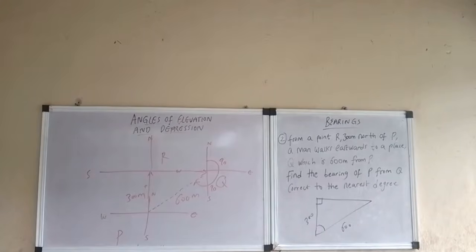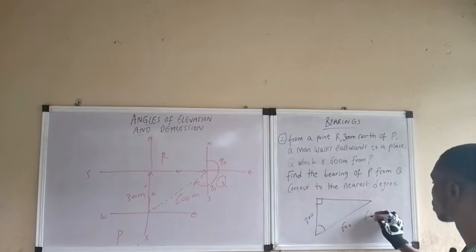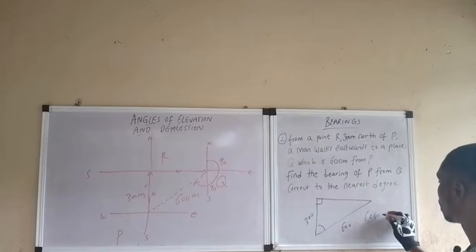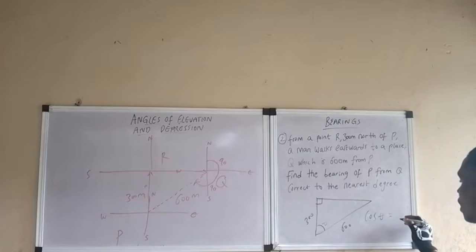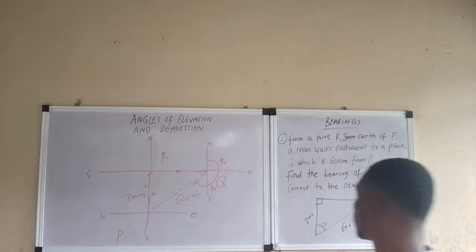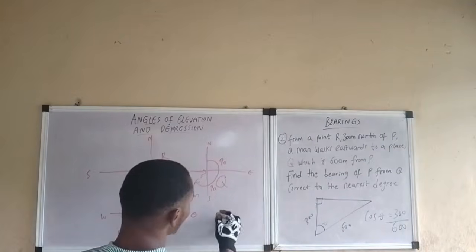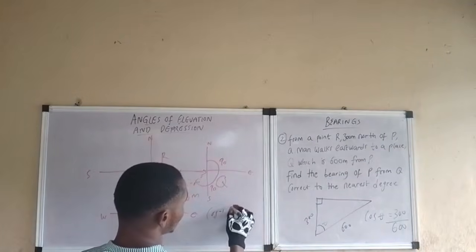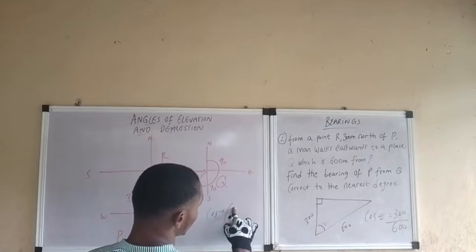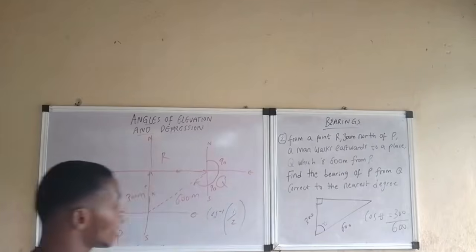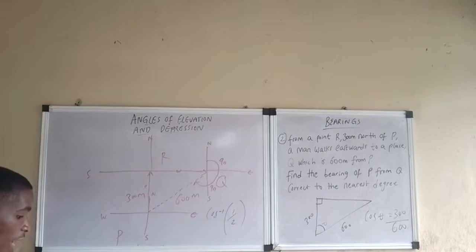All right? That is CAH. So cos theta, let's say this theta, is equal to the adjacent, which is 300, over the hypotenuse, 600. So what we need to find is the cos inverse of 300 over 600, let's say 3 over 6, which is the same as 1 over 2.